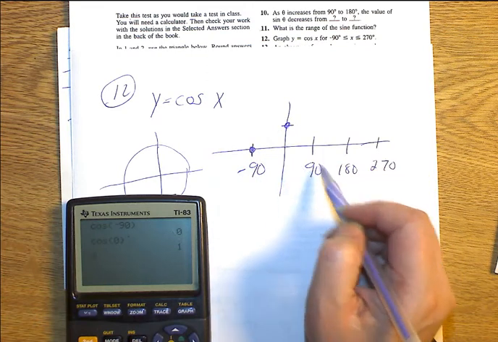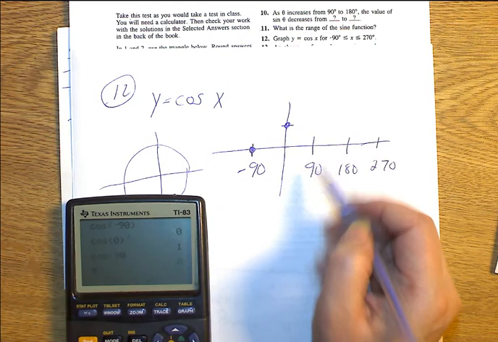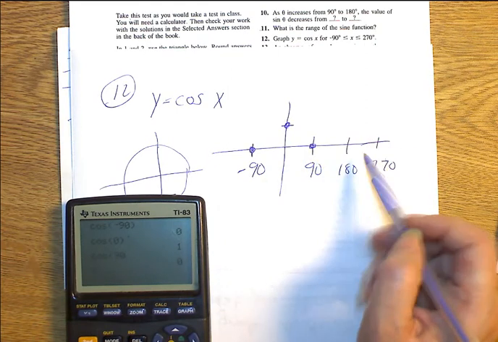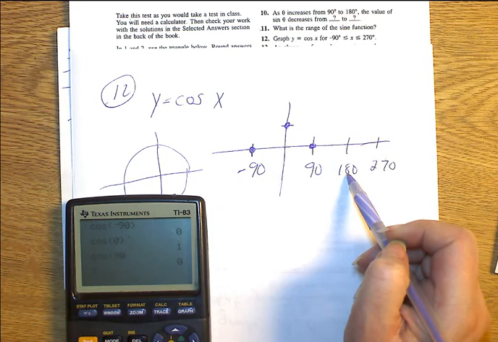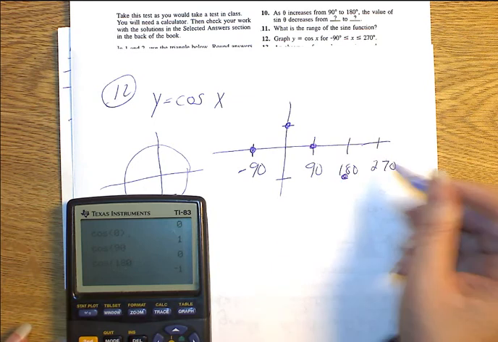Cosine of 90 is 0. Cosine of 180 is negative 1. Cos of 270.